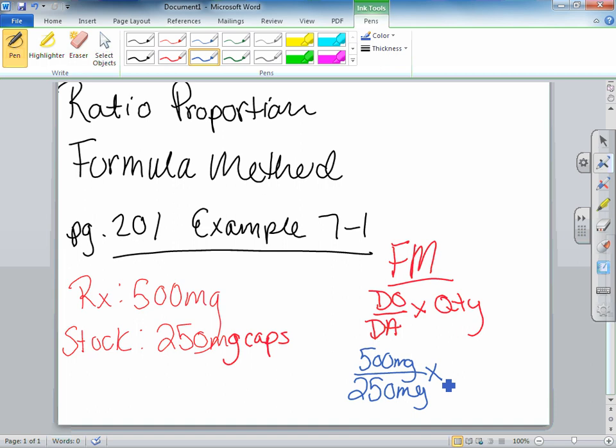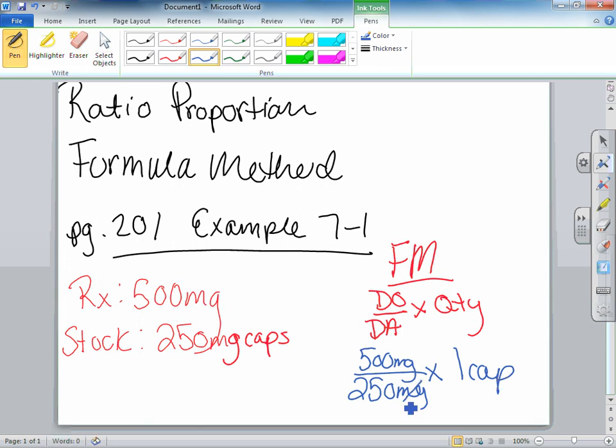The quantity that's associated to the 250 is what? 1 capsule. Because it says 250 milligram capsule. For every 1 capsule, it's 250 milligrams. All right? So again, the quantity is always the dosage form associated to the dose available.